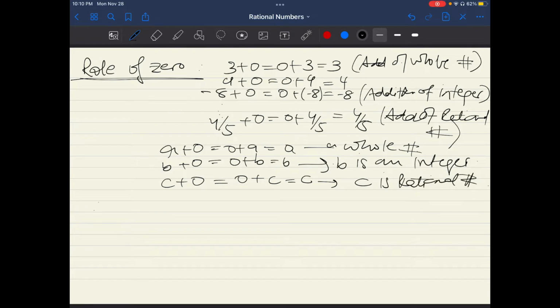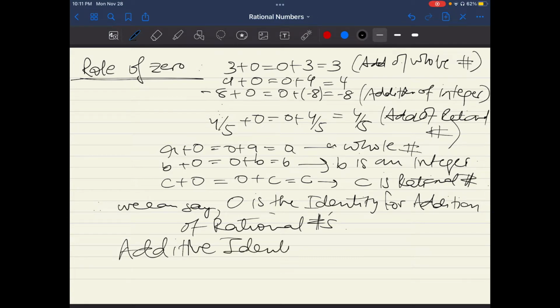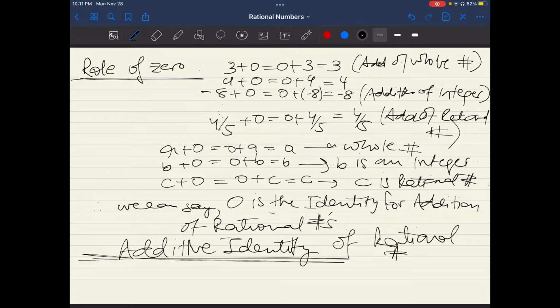Therefore, we can say that 0 is the identity for addition of rational numbers. So therefore, we can say it is the additive identity of rational numbers. 0 is the additive identity. Remember the word additive identity of rational numbers.